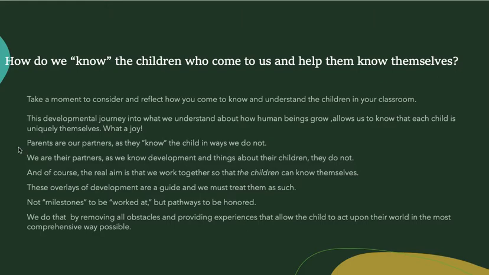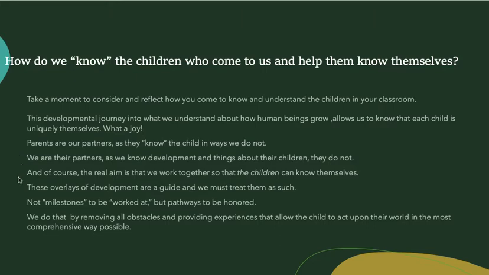The aim is that we work together so the child can know themselves, so they can become familiar with their own processes and their own preferences. And that takes time and cooperation among all the adults that are working with that child.